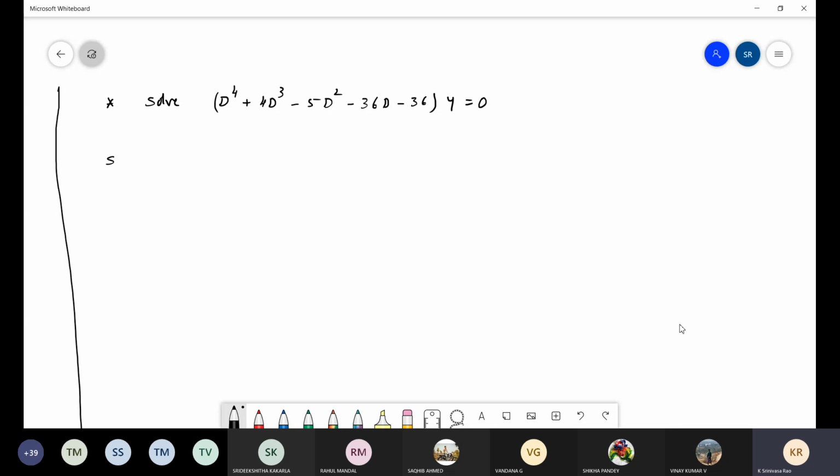Okay, first consider the equation and write the auxiliary equation. I will start with the auxiliary equation. So the auxiliary equation is m power 4 plus 4m cube minus 5m square minus 36m minus 36 equal to 0.